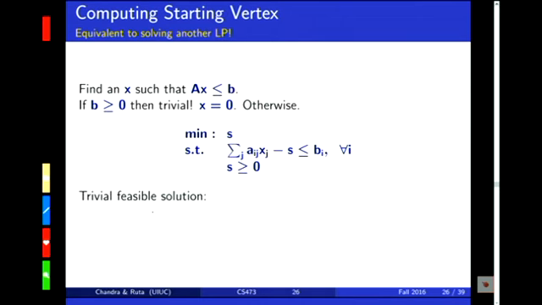So what this linear program is doing is, it is adding a slack variable to all the constraints and forcing the slack variable to be non-negative and then minimizing the slack variable. What is the optimal value of this new LP if there was an x such that Ax less than or equals b?